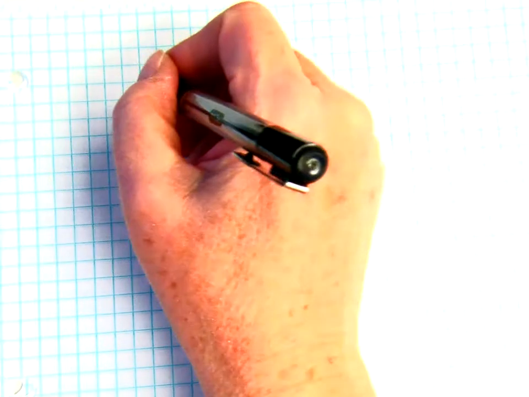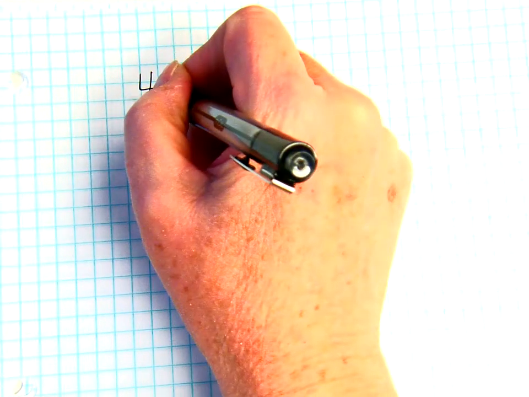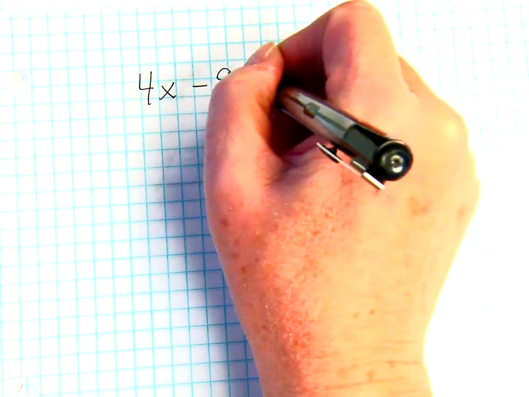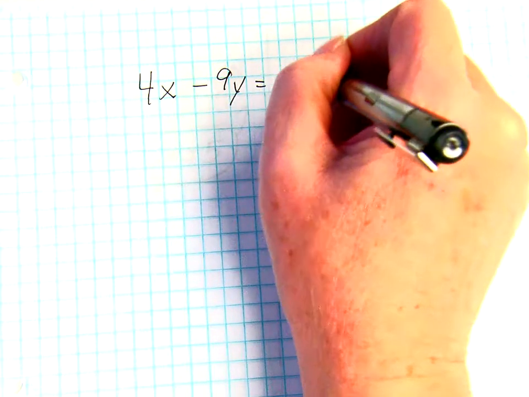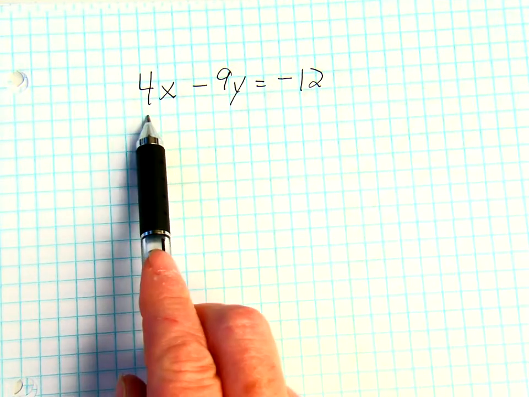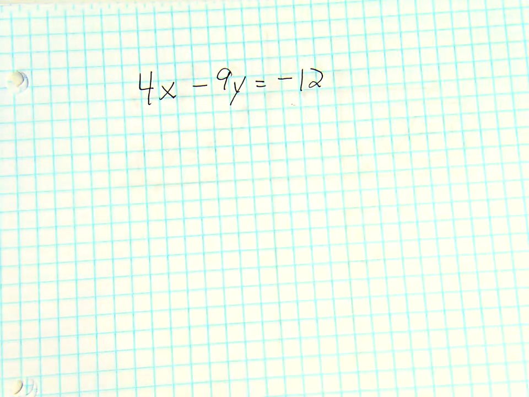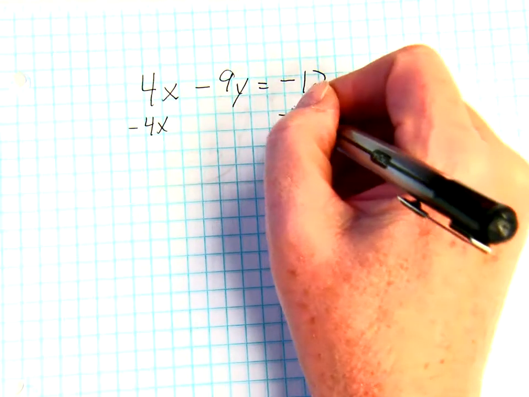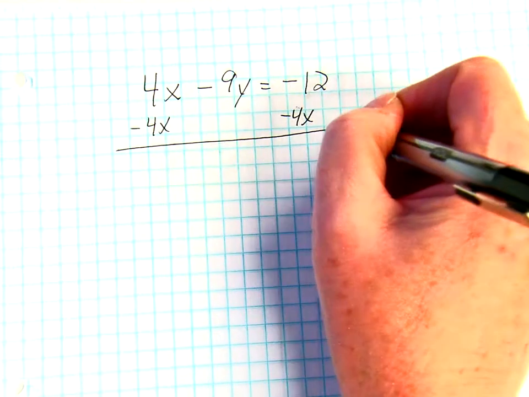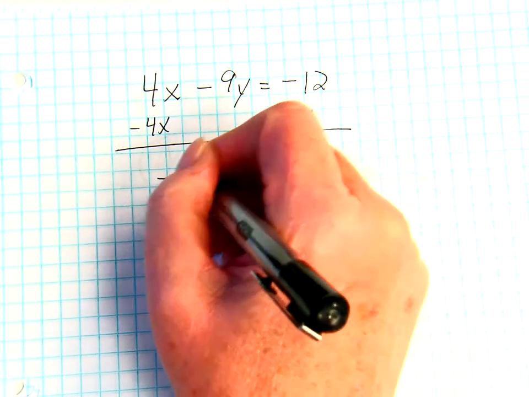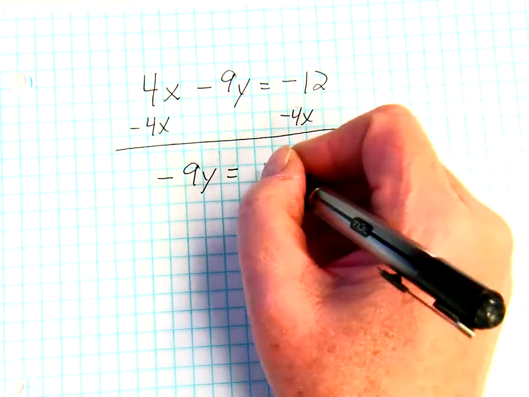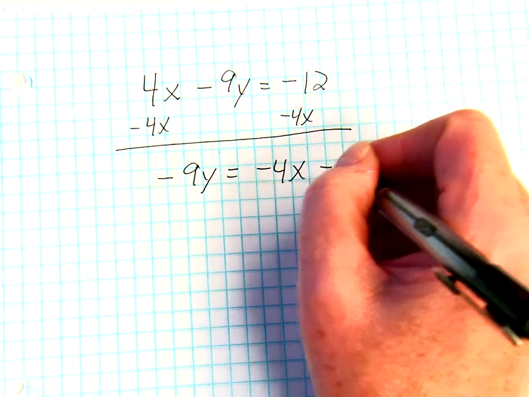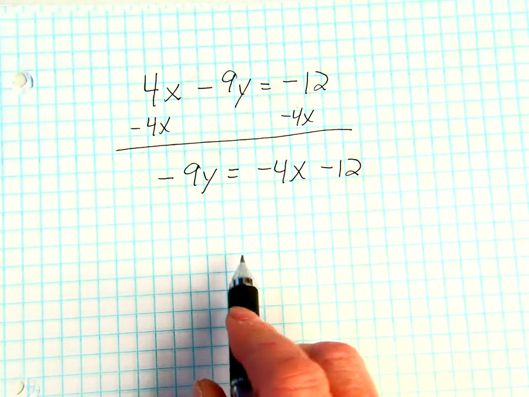Let's take 4x minus 9y equals negative 12. In this case, I've got to move the 4x back over, so I'm going to subtract the 4x from both sides. This will give me negative 9y equals negative 4x minus 12.